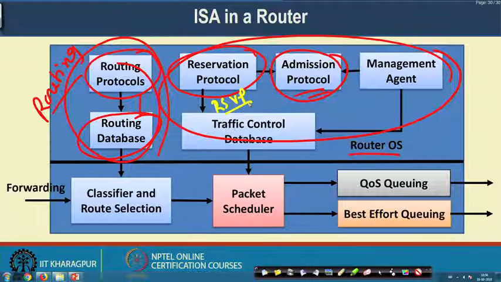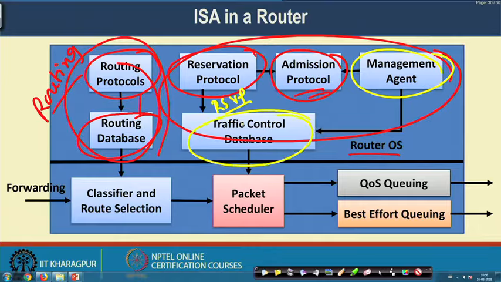If you are not able to reserve any further resource, then the admission control will deny your entry to the network. Then you have a management agent which manages different functionalities of quality of service, like traffic shaping, traffic policing and all these aspects. And then you have a traffic control database, which tells you how your packets need to be treated by the network.